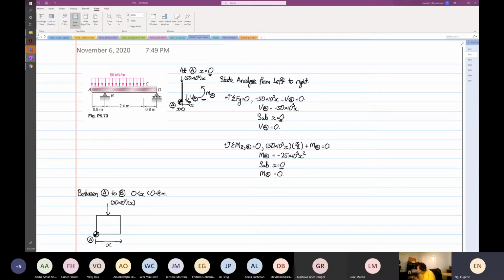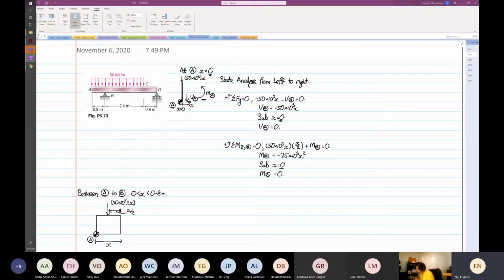And because this is an evenly distributed load, the distance from here to here becomes x. Wait, let me put it elsewhere. It looks a bit messy. So this distance over here becomes x divided by 2 because it's an evenly distributed load. Okay. And I can recap with you as to why.